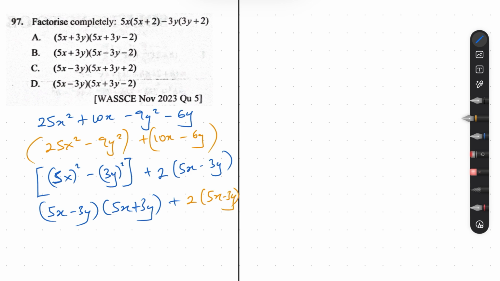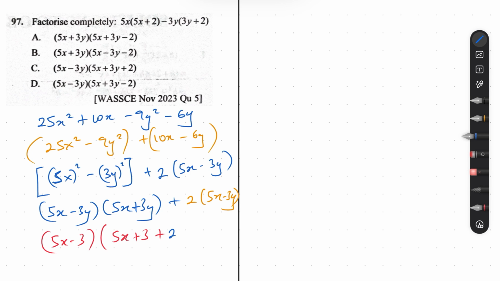Now this is one expression, this another expression. What is common between them? 5x minus 3y here, 5x minus 3y here. So we can factor that out. So we have 5x minus 3y out. What are we left with? 5x plus 3y, plus, and then when we factor 5x minus 3y out here, you're left with 2.